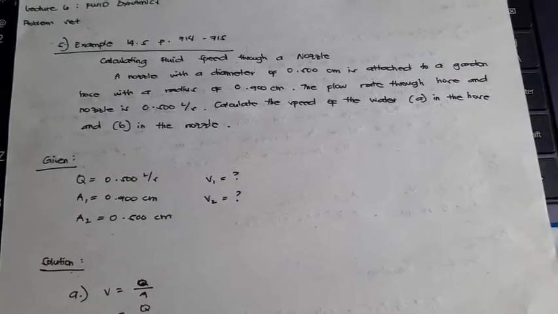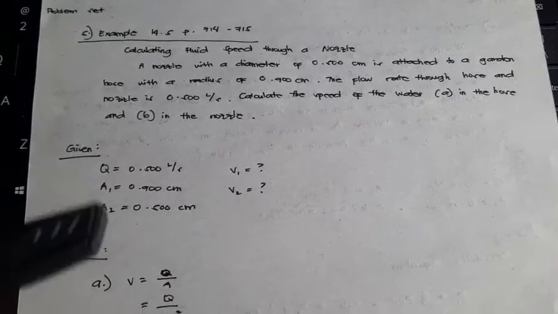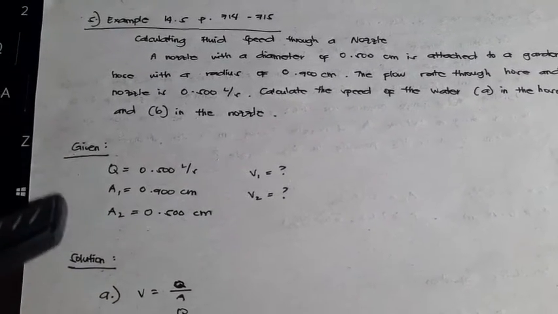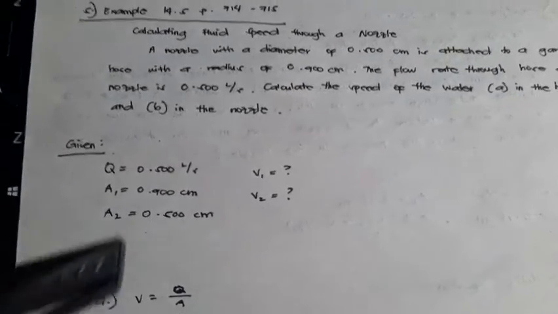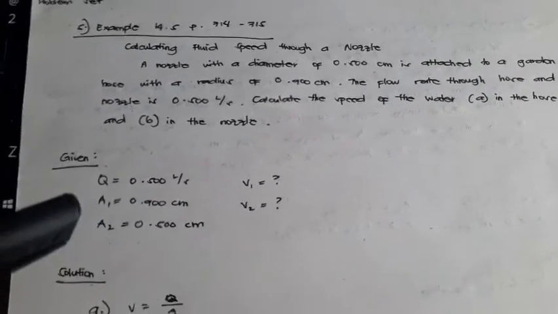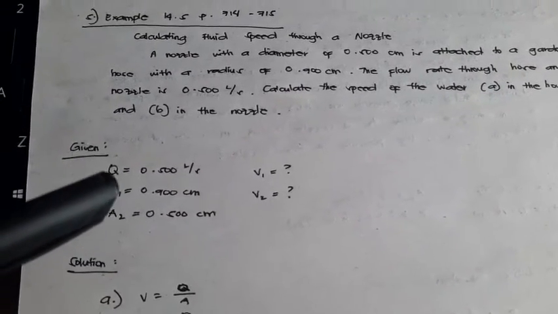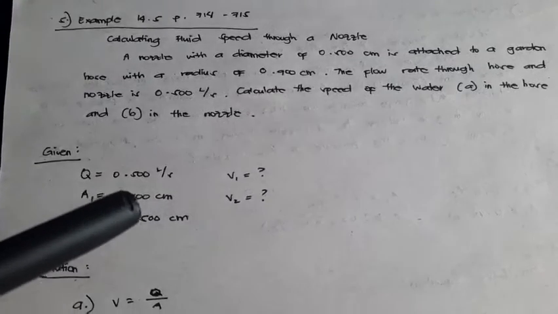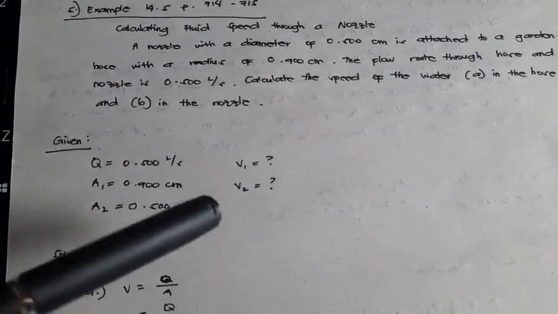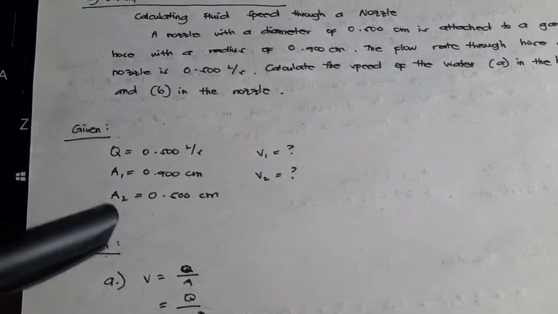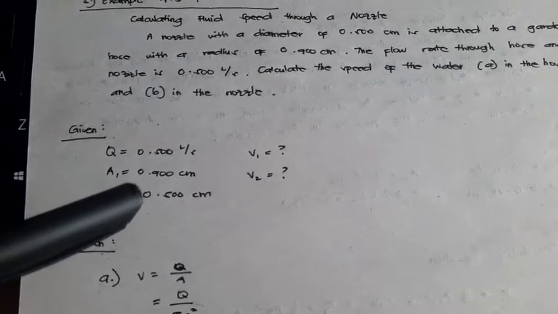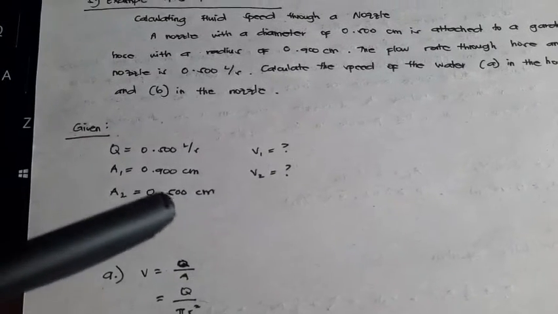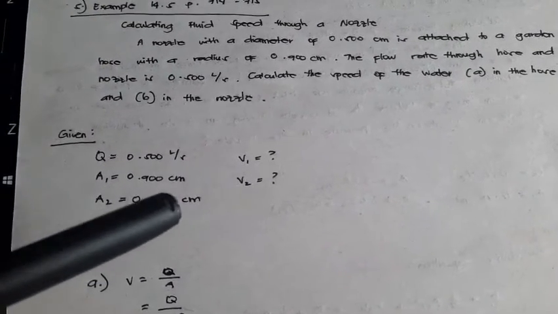So, pangitaon na nato ang speed of the water sa hose and sa nozzle. So, muna ang given from the problem. So, Q or the flow rate is equal to 0.500 liter per second. Then, ang atong A1 or cross-sectional area, in which ang radius is 0.900 cm.